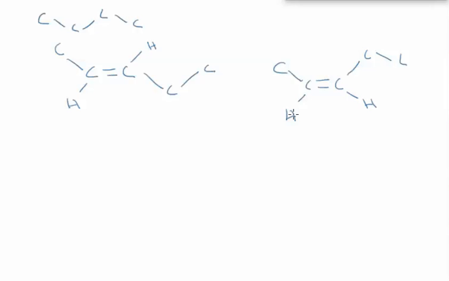If the carbons coming off of the double bond, the next ones out, are on opposite sides, we call that trans. If they are on the same sides, we call that cis. So we would name this one.